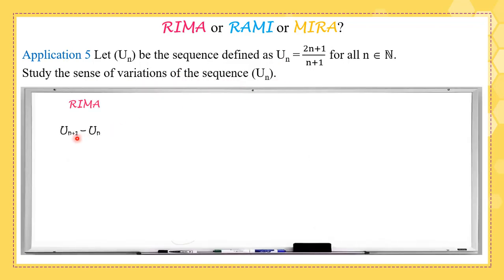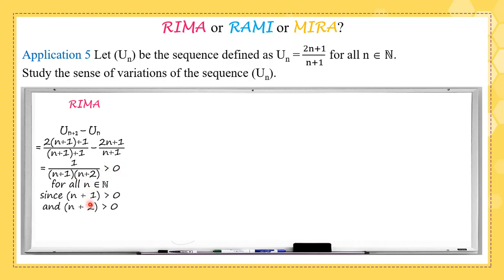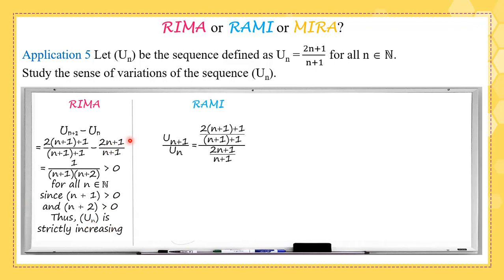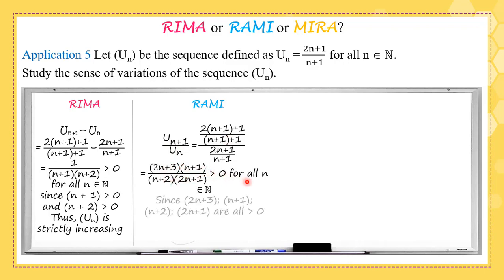Rima found Un plus 1 minus Un, which is given as follows, and she said that this is positive because all the factors in the denominator are positive, so Un is strictly increasing. Rami found Un plus 1 over Un, which is given by this quantity, and he said that this is positive since all terms are positive, so Un is strictly increasing.